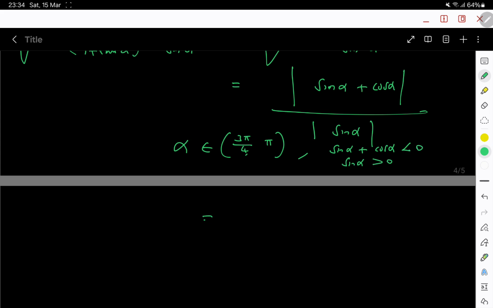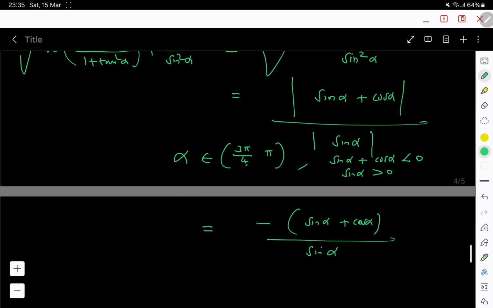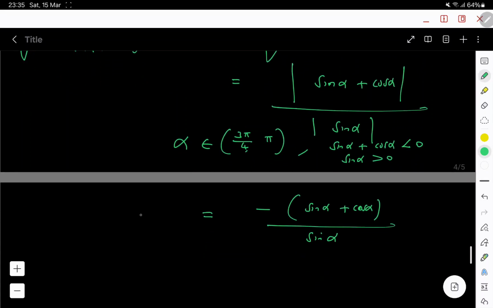So I am writing mod of sin alpha plus cos alpha as minus of sin alpha plus cos alpha, because sin alpha plus cos alpha is negative. And mod of sin alpha is sin alpha, because sin alpha is positive. This is the function f of alpha.